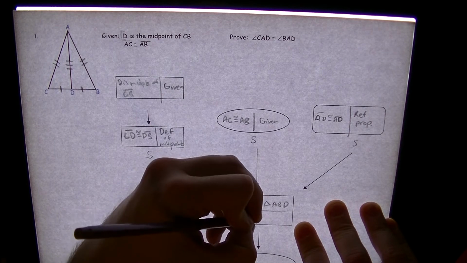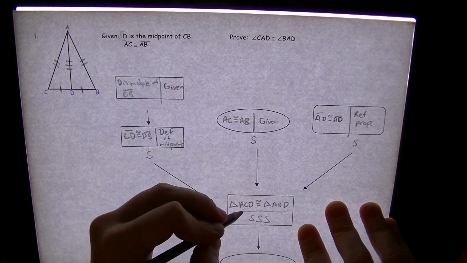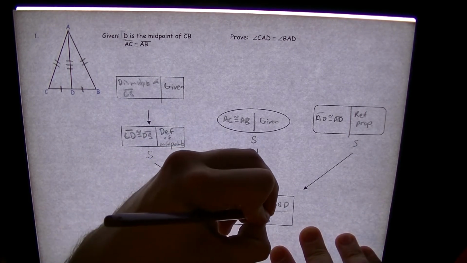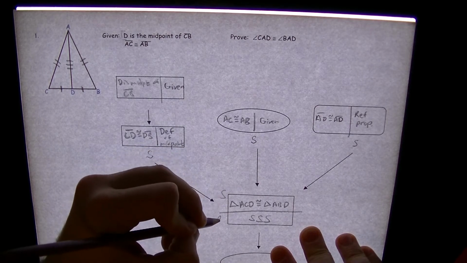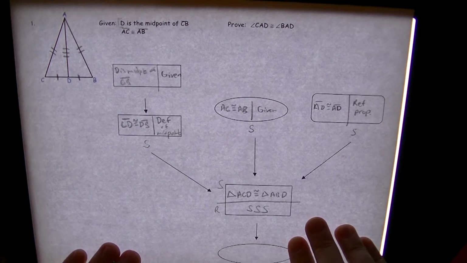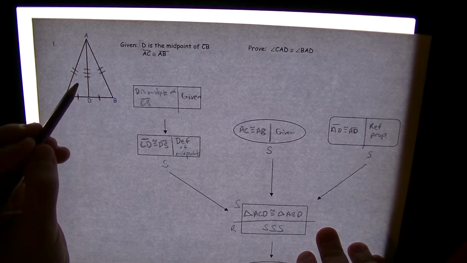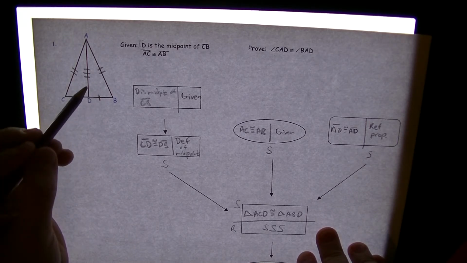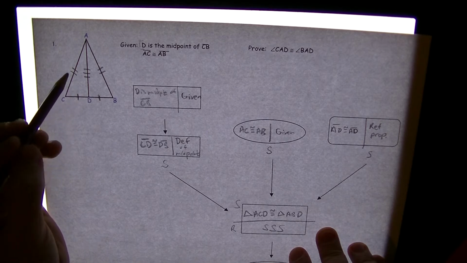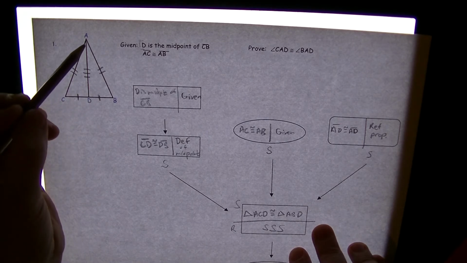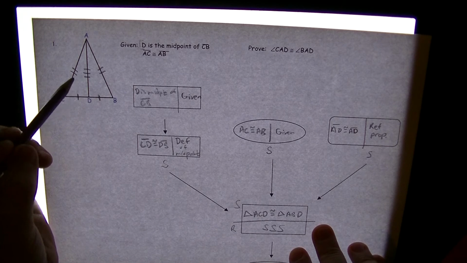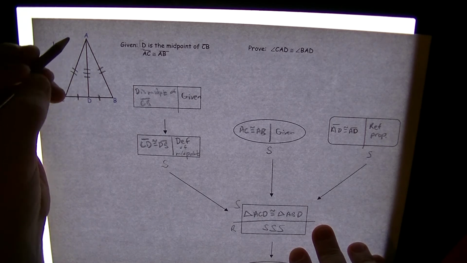by side, side, side. This is not a division sign, I'm just kind of cutting this box into a statement and a reason part. Now that I've got that these two triangles are congruent, that means every single part of them is also congruent with the corresponding part of the other. So AC corresponds with AB, and those two sides are congruent.